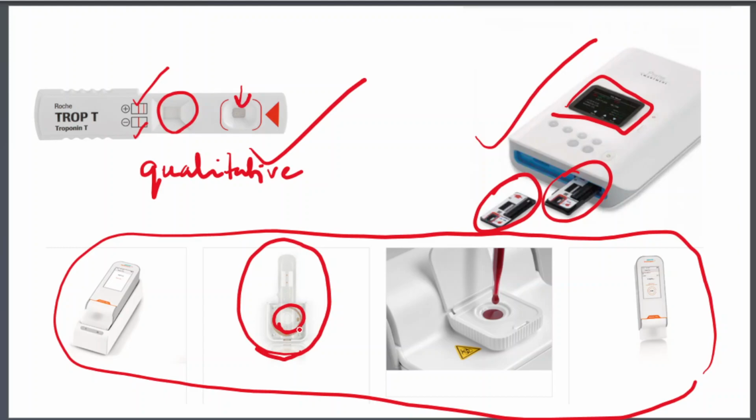You have the radio frequency identification chip here. Also, you're going to insert this part into this handheld device. It is very small, a small handheld with a readout device also. So after inserting this, you're going to apply the sample here, and within minutes you're going to find out the value.